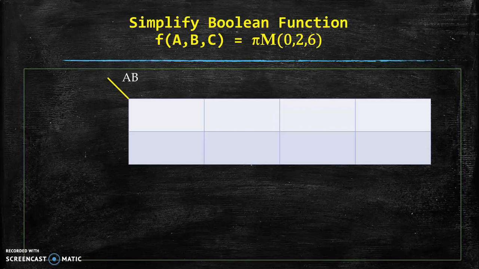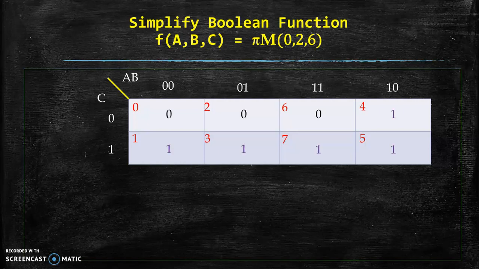We can write variables AB, we can write numbers, we can write the C variable and numbers, that is 0 1, and the equivalent decimal number for each cell. Now as per the max terms, that is 0, 2 and 6, we have to enter 0. For cells 0, 2 and 6, we have entered 0. In all remaining cells, we have to enter 1.